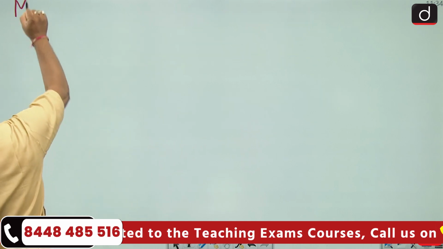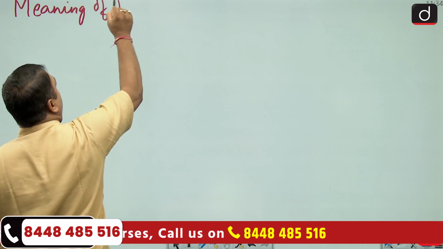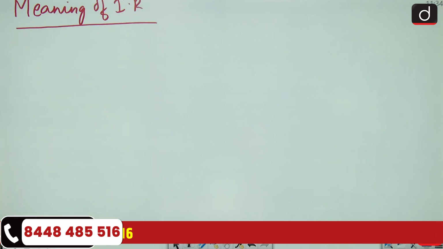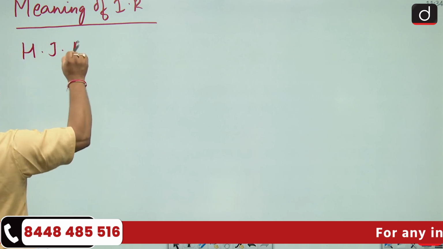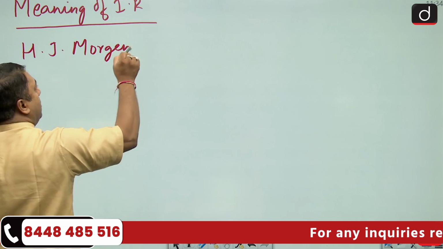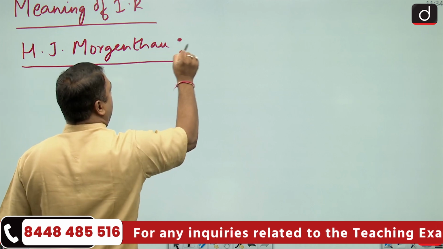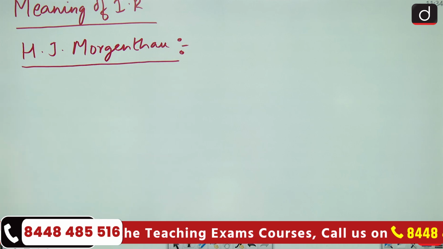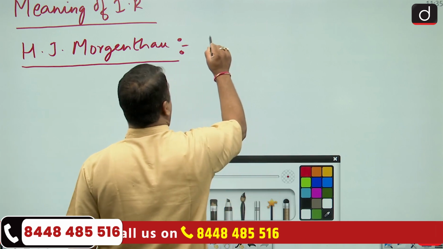ठीक है, तो ये यहां पे आप मीनिंग में लिख लो, मीनिंग ऑफ IR. ठीक है, मीनिंग ऑफ IR में H.J. Morgenthau. Now what he says?